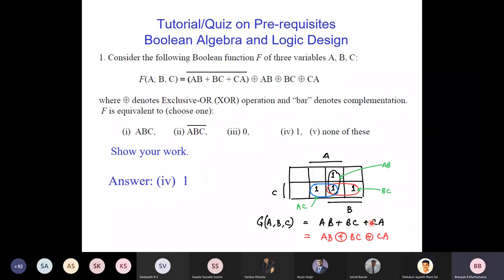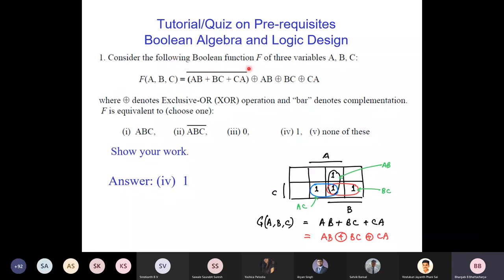That means in this particular function, if I replace the logical OR operation by an exclusive OR operation, still these two functions remain identical. Although in general it is not true. Replacing OR by exclusive OR, you will get a different function in general. But in this particular case, if I replace this OR function by exclusive OR function, they become equal, right? So now look into the original expression. This portion and this portion, they are equal.